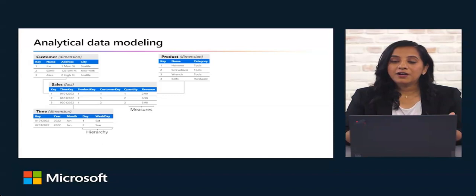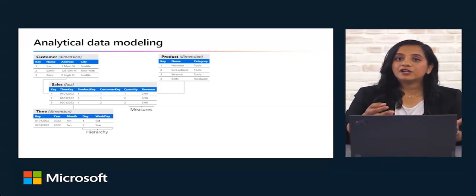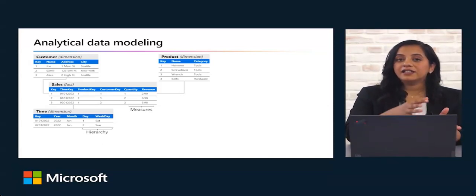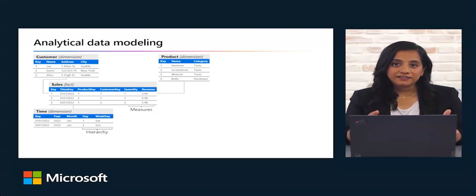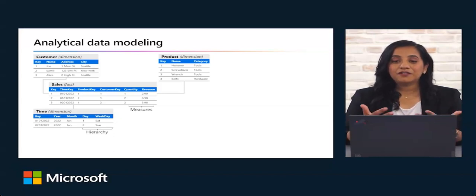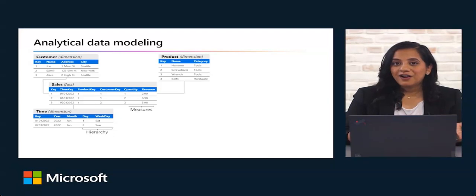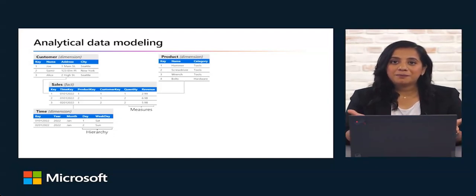For example, a model might include a table containing numeric measures for sales, such as revenue or quantity, and the dimensions for products, customers, and time. This would enable you to aggregate sale measures across one or more dimensions. For example, to identify the total revenue by customer or total items sold by product per month.